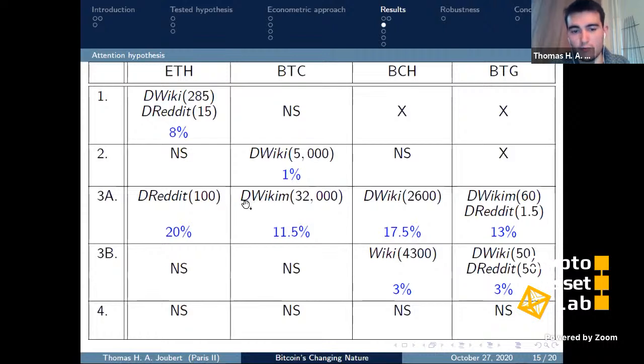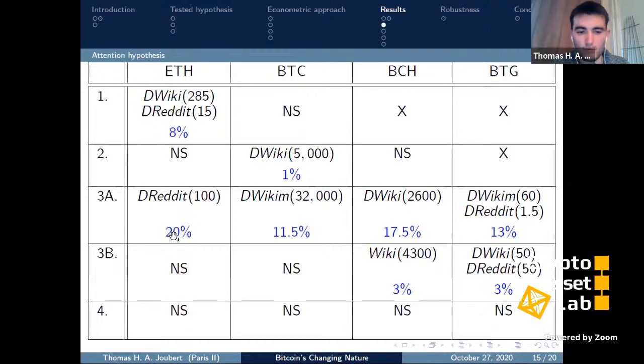So in this case, for example, Bitcoin needed to obtain 32,000 views more than the day before to explain a 1% increase in price. So what we can see quickly is period 3A was particularly sensitive to the attention given to cryptocurrencies.